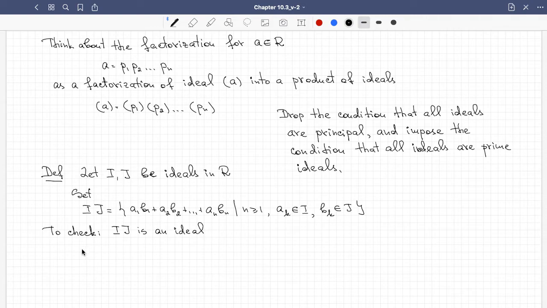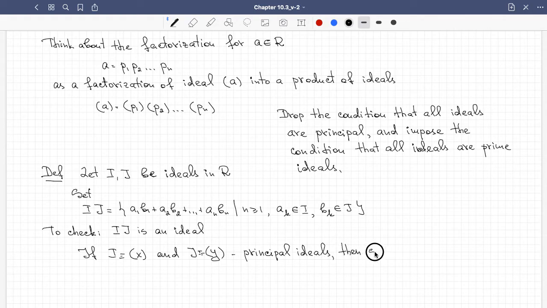So if I is generated by x and J is generated by y, principal ideals, then so is a principal ideal IJ, generated by xy.